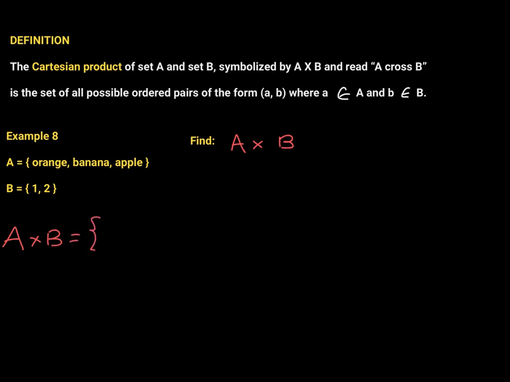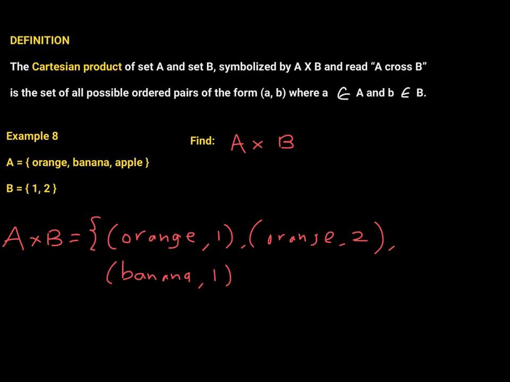Open up your set. The first ordered pair is going to be orange, and then I'm going to pair orange with each element in set B. So I'm going to have (orange, 1), and then (orange, 2). So those are already 2 ordered pairs in this set. Now I will pair the second element in set A, which is banana, with each of the elements in set B. So (banana, 1) and then (banana, 2).